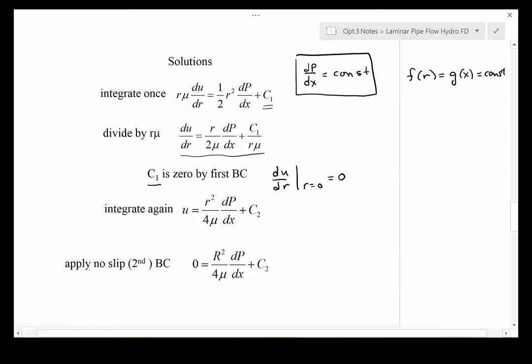We apply our no-slip boundary condition, our second boundary condition. We're calling this u of r equal to capital R is equal to 0. So take a look at that. 0 is equal to capital R squared over 4 mu dp dx plus C2. So we get an expression for C2.